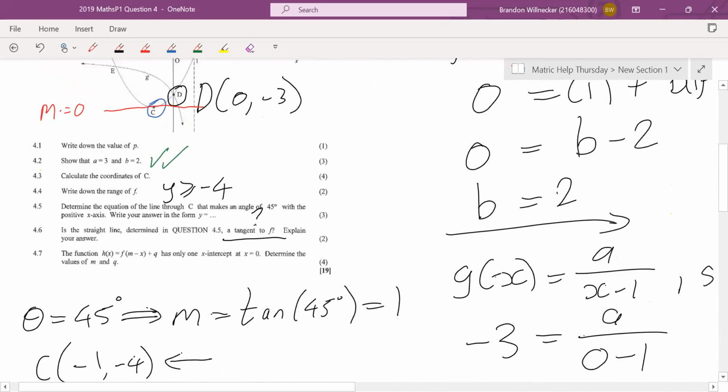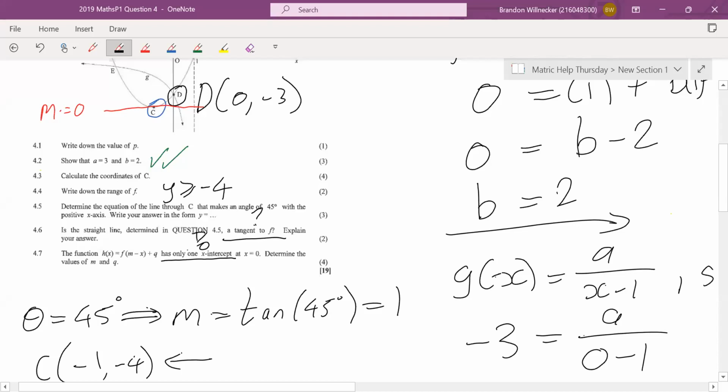Okay, last question here. The function h is equal to f of m minus x plus q. So we see that x has been shifted. So h is the original function, but we've shifted it around, and we've also shifted up by q. It has only 1 x-intercept. That's very important.